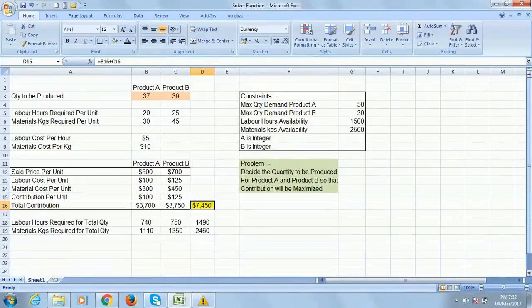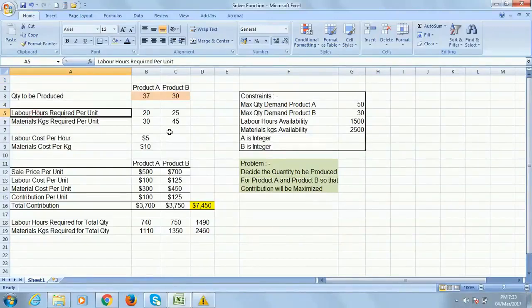Let us assume that in a factory we can produce two products, product A and product B. The situation is like this.